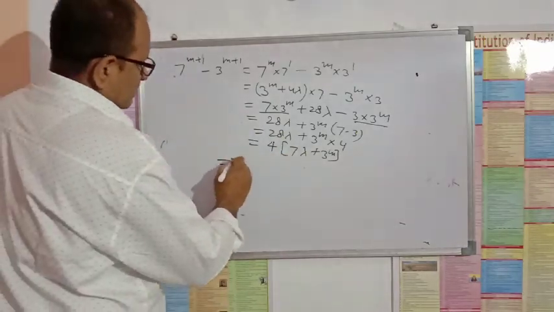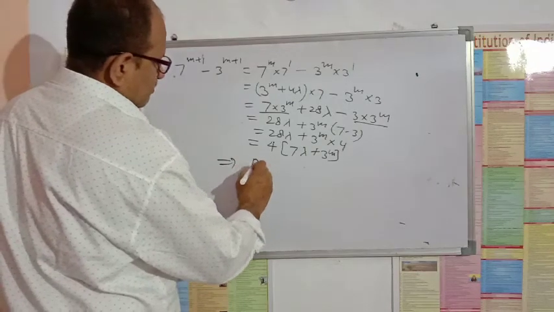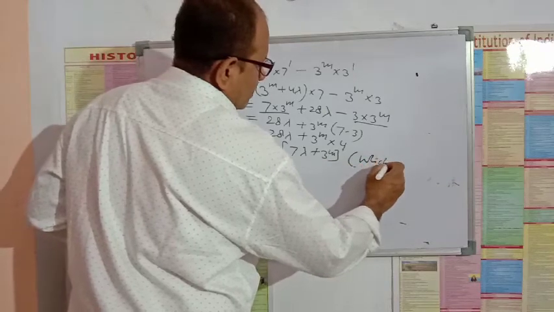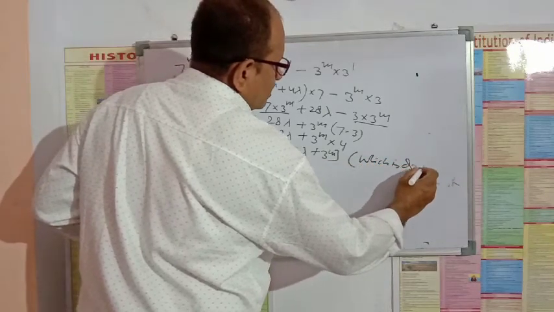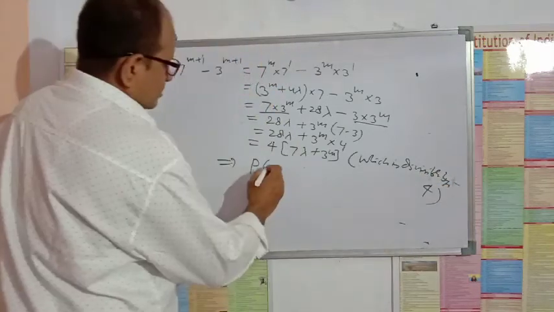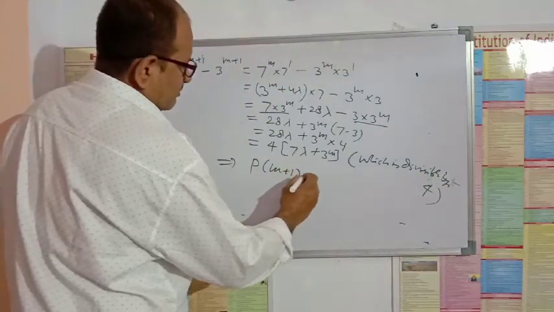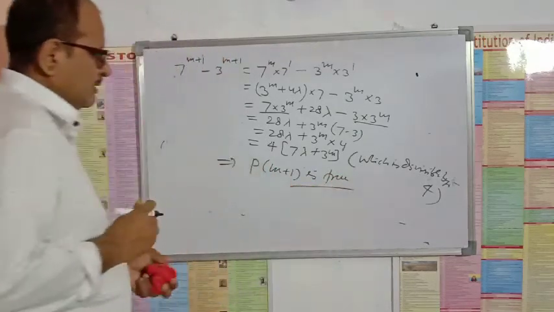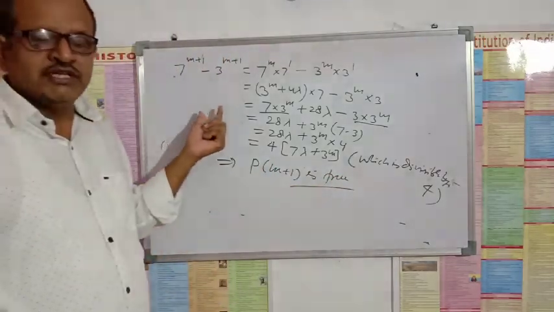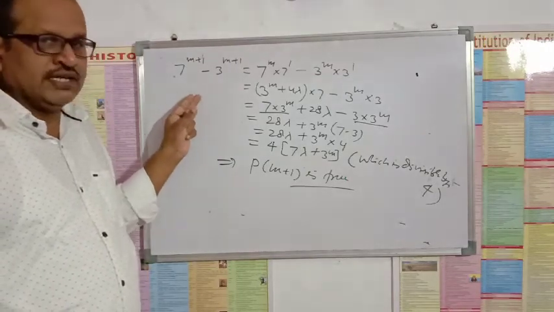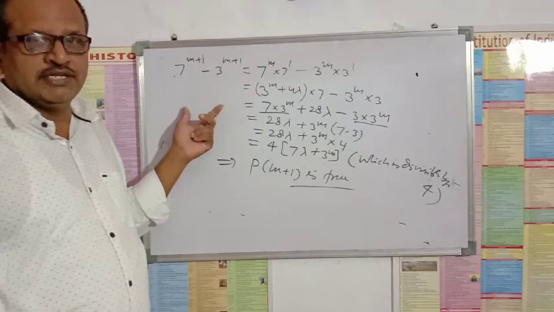So this implies Pm, which is divisible by 4, and this is also divisible by 4. So we can say here Pm plus 1 is true. So firstly we have to check for n is equal to 1, P1 is true. Then we suppose it is true for n is equal to m, meaning Pm is true.